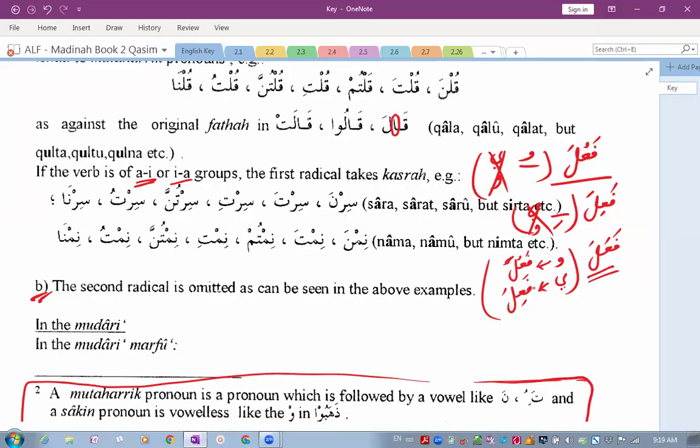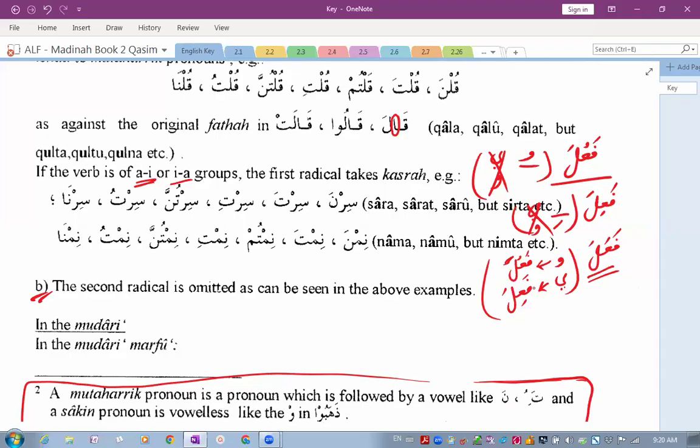From conjugation number 1 to 5, fa'ula, fa'ila, fa'ala, it doesn't matter, you will always change the waw or ya to an alif. That's the first rule, which we saw last time also.